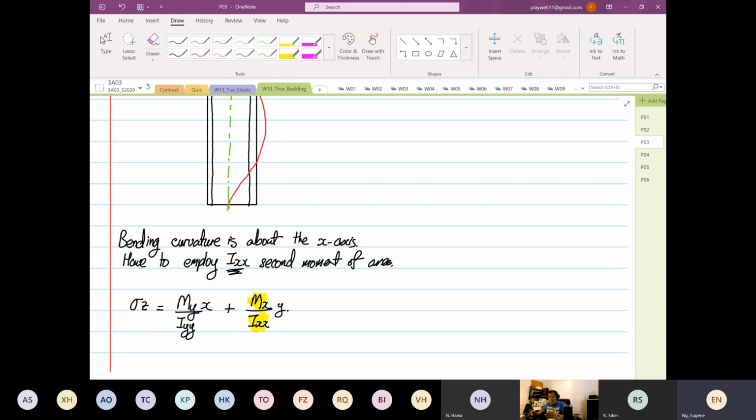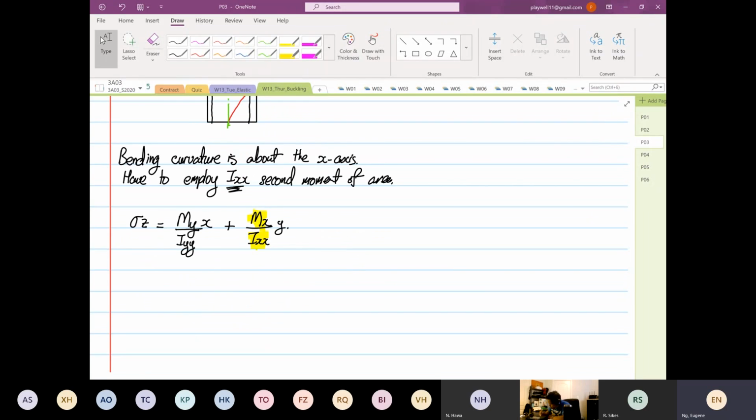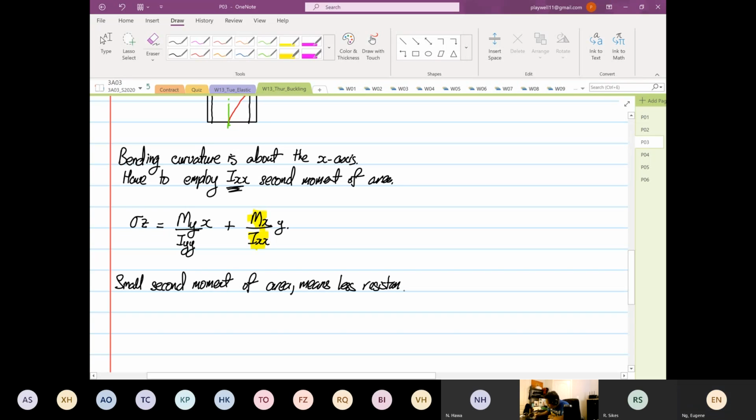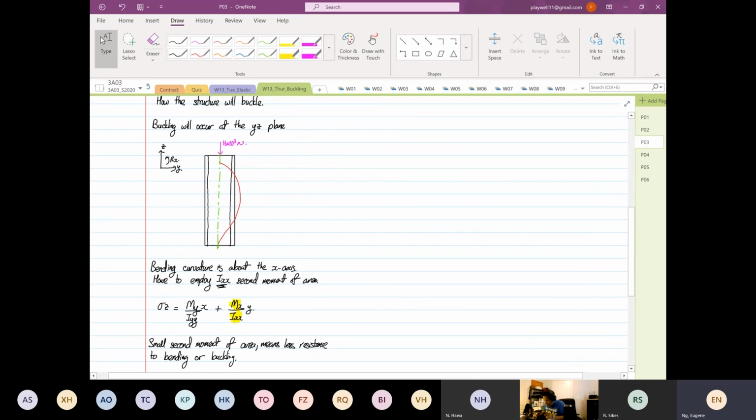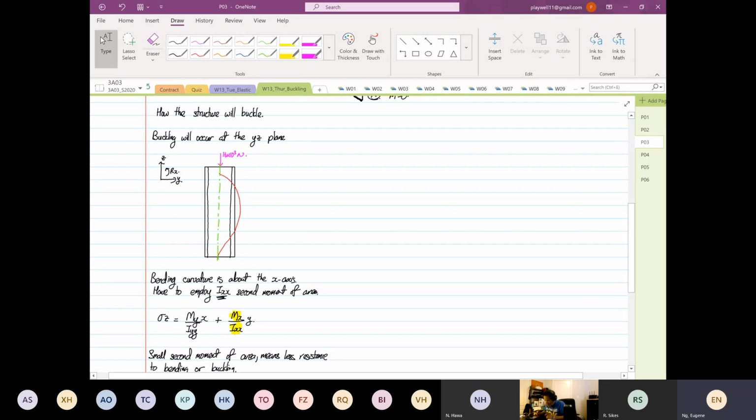Smaller second moment of area means less resistance to bending or buckling.